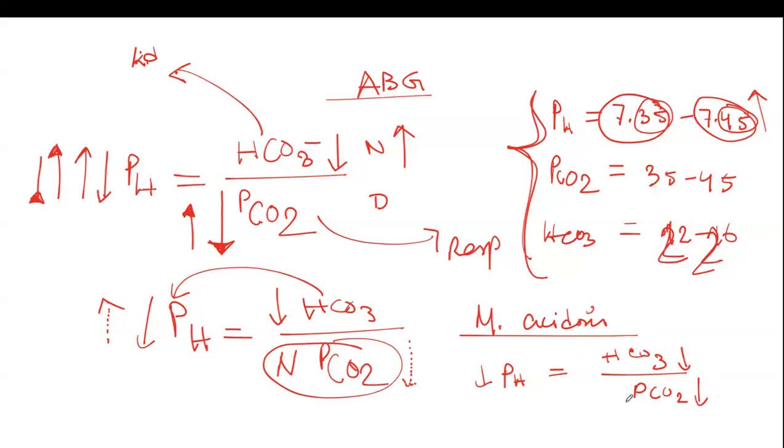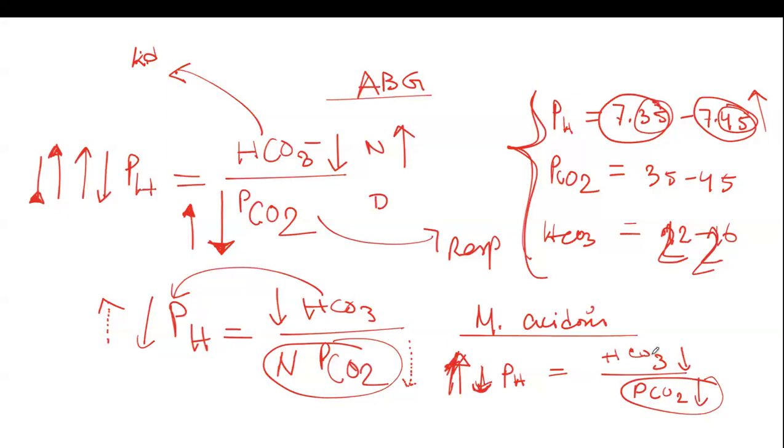Why is it metabolic? Why is it not respiratory acidosis? Because if it was respiratory acidosis, then because PCO2 is low, ideally the pH should be high, right? But pH is low here. That means it is not the respiratory problem causing the acidosis. It is the bicarbonate which is causing the problem.